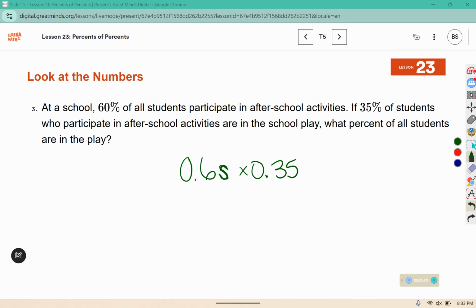If we multiply these together, 0.6 of the students times 0.35 is 0.21 multiplied by the students. So if we were to rewrite this back as a percent, that would be 21% of the students.